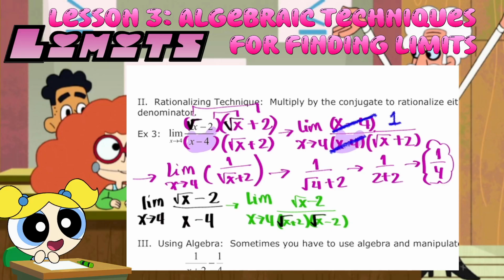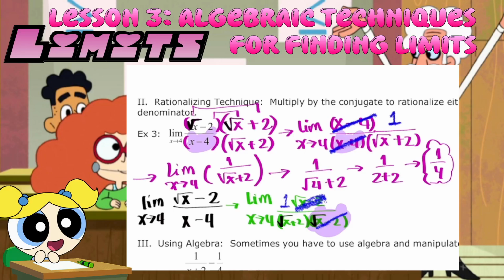Now, what piece of this is really the devil in disguise? The piece that gives me 0 when I plug in 4 is this guy right here, the root x minus 2. It's not really that other part. Can I cross that out? You bet. So again, I'm left with the 1 on top, and I get the exact same results.